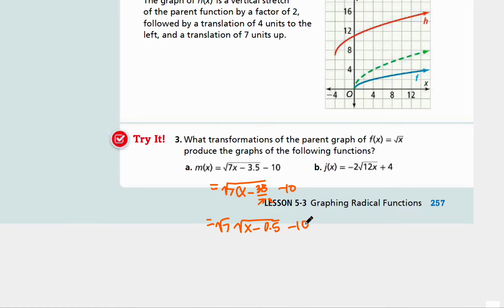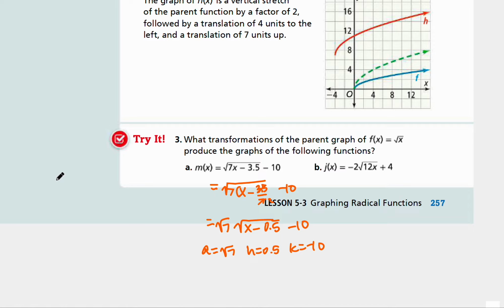And so our A is already root 7. You don't have to make this into a whole number. If it's root 7, then it's just root 7. So A is root 7, h is positive 0.5, k is negative 10. Using these parameters, we're going to describe our transformations of the function m of x.